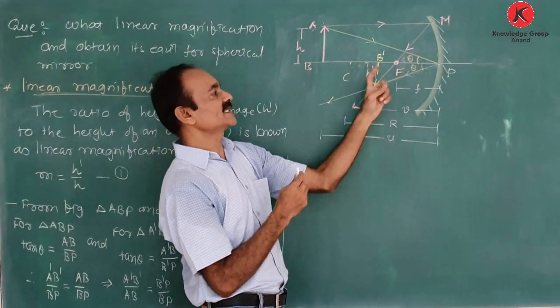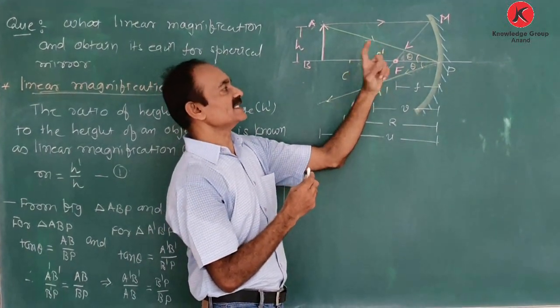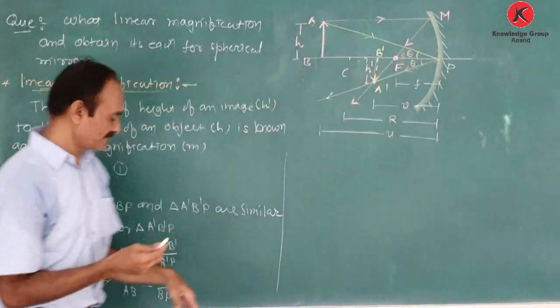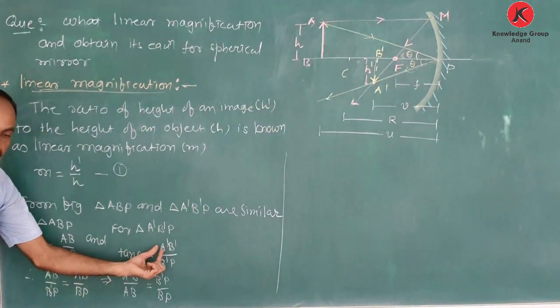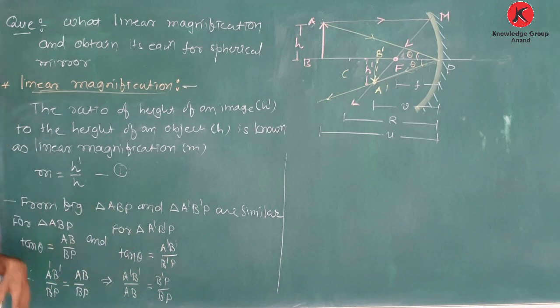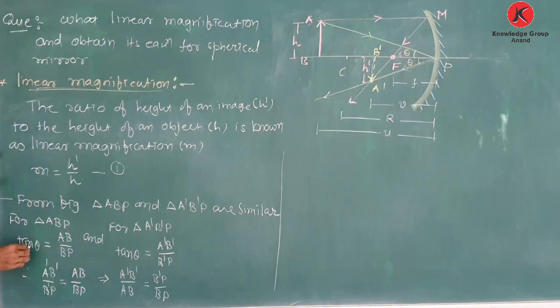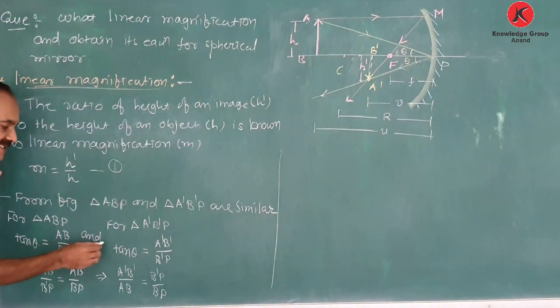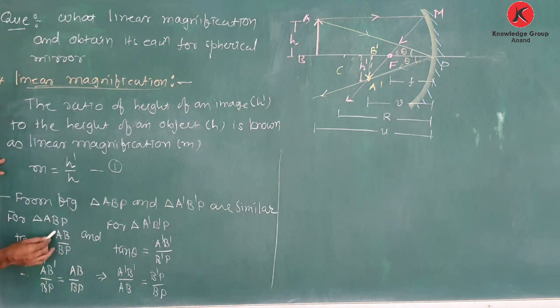Therefore, tan theta is equal to A'B' upon B'P. In these equations, the left hand sides are the same, that is tan theta. Therefore, comparing these equations, A'B' upon B'P is equal to AB upon BP. Now we rearrange this equation in this form: A'B' upon AB is equal to B'P upon BP.